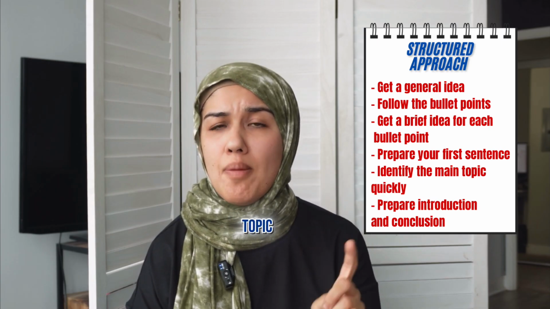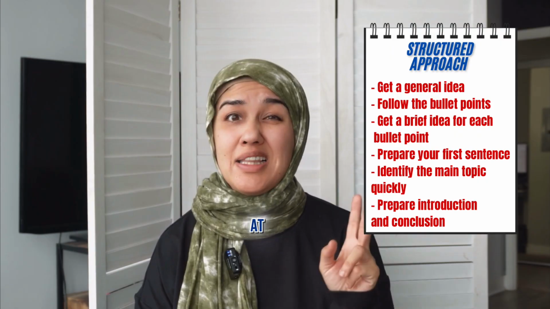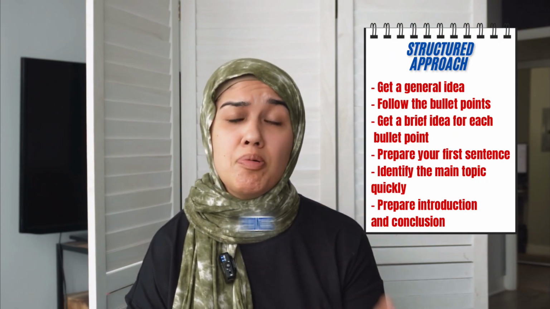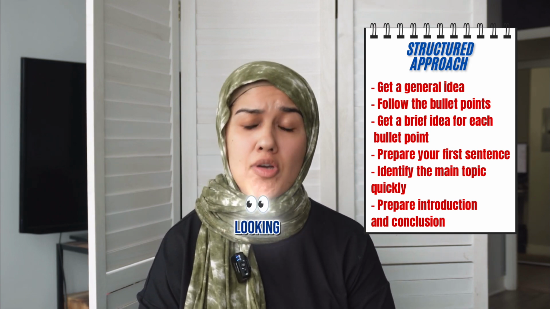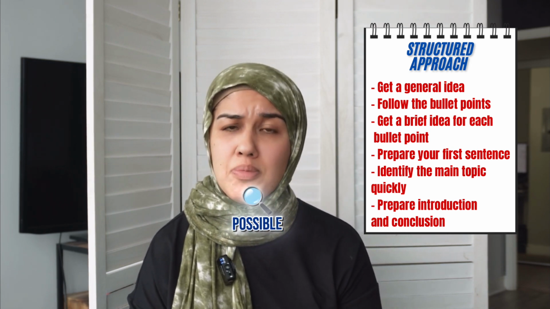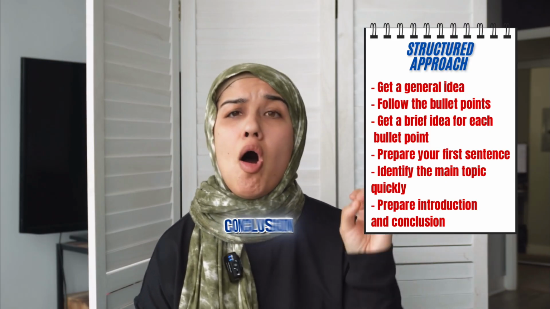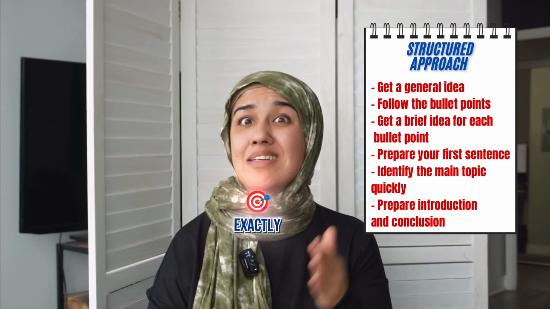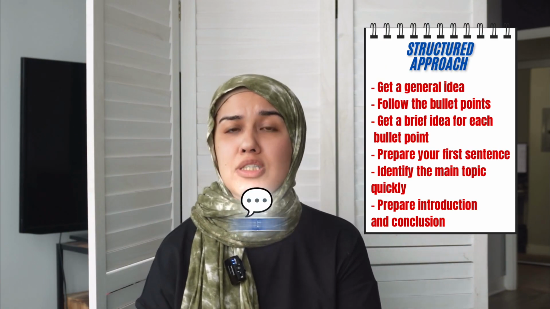So you need to identify the main topic of this particular question, quickly jot down at least 3 to 4 bullet points for each given question the examiner will be looking for, and if possible, prepare your introduction and your conclusion on that paper so you know exactly when to begin speaking and how to end your discussion.